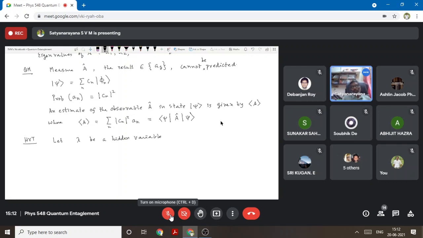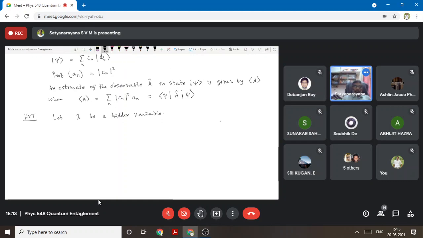In principle, this lambda can actually be a hidden variable set, but let me simply say that it is one hidden variable. The theory will be easy to generalize if you have many hidden variables. So let us just take lambda to be a hidden variable. The point is that lambda is not known to us.